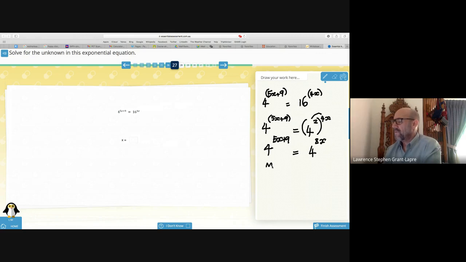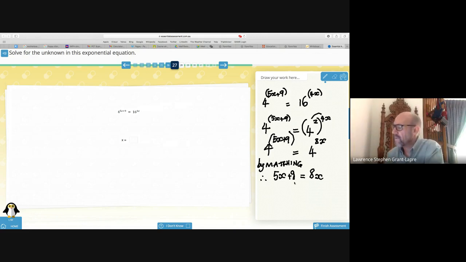And then we use what's called matching. That means that if the bases are the same, the indexes are the same. Therefore, 5x plus 9 is going to equal 8x.